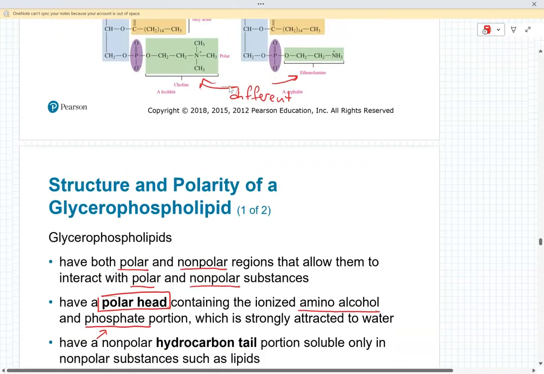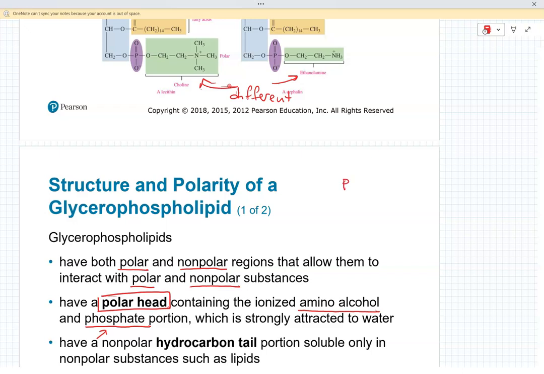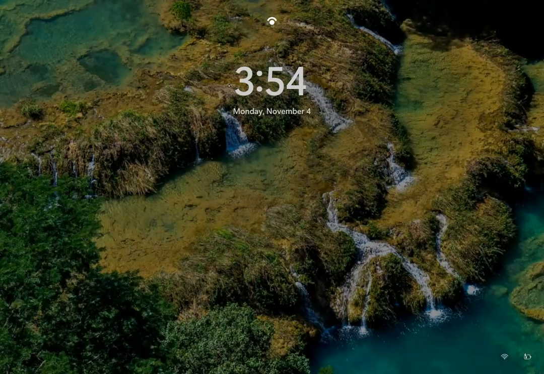Okay, so this is the phosphate group. It forms 2 esters. One with amino alcohol. Everybody agrees?